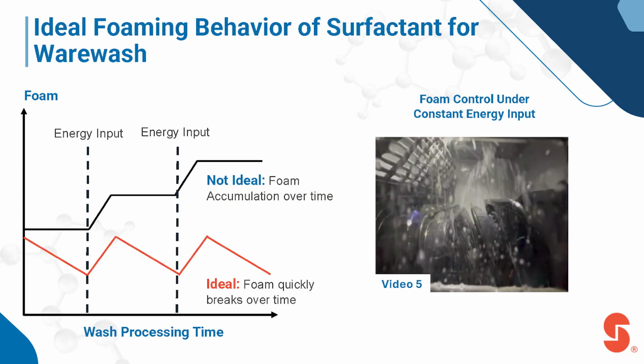So what does ideal foaming really look like for these formulations? It's not enough to just be low foaming. Of course, we want them to do everything. When we envision any dishwash, like in your home, you'll have a wash blade with a cyclical feature, and it's going to dispense the formulation onto the wares.